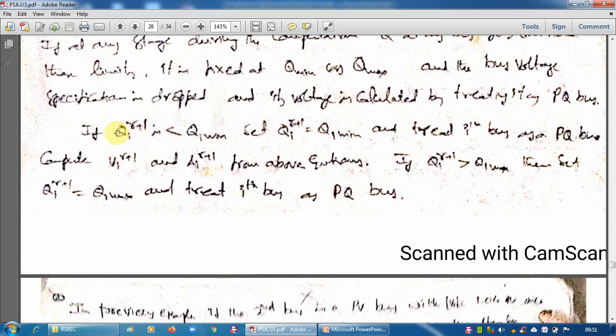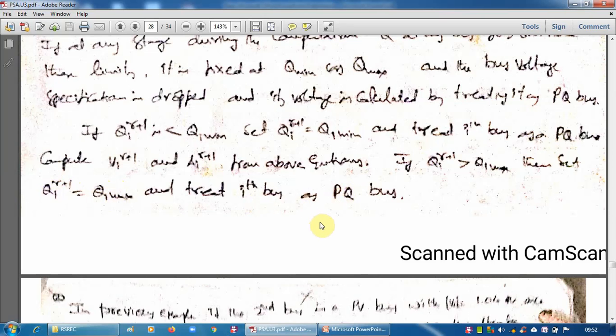As it is violated, forget about the calculated value. Q is set equal to the violated limit. Here, if the minimum limit is violated, set Q equal to the minimum limit; if the maximum limit is violated, set Q equal to the maximum limit. Set it equal to that and treat that bus as a load bus or PQ bus.